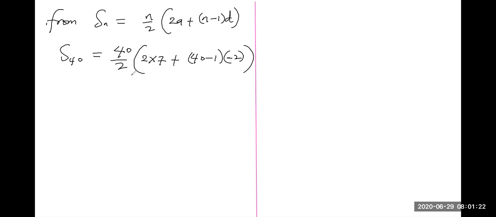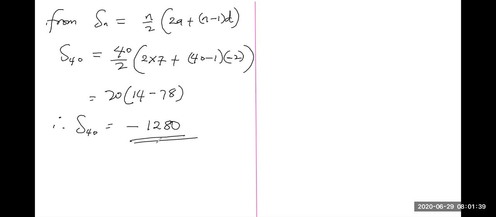When we substitute, that gives us 20 times (14 - 78). Therefore, the sum of the first 40 terms is equal to -1280. This is the final answer to that question.